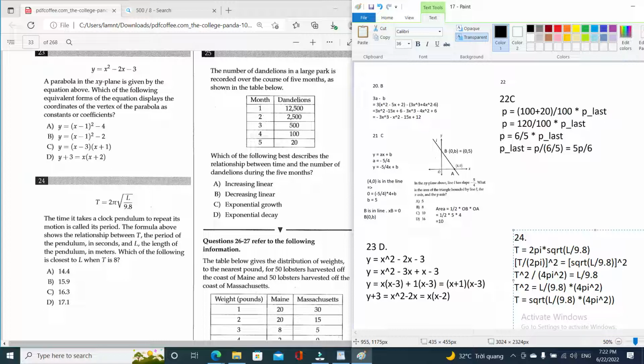Okay, so here we have h. So L here is equal to t squared multiplied by 9.8, and divided by 4 pi squared, right?